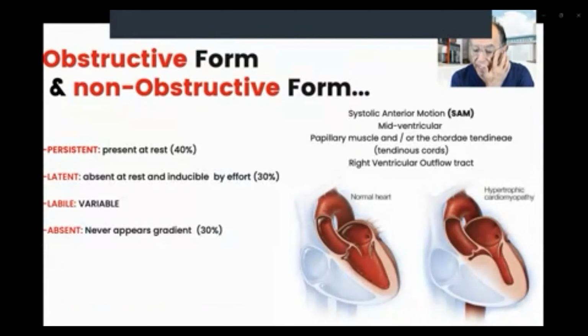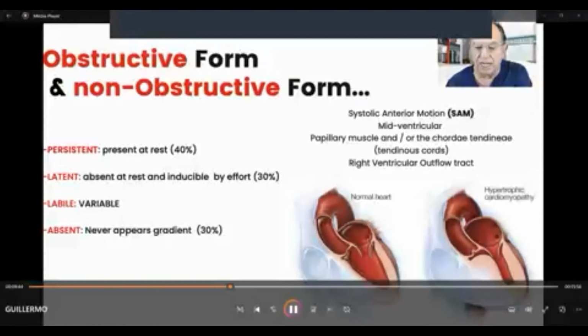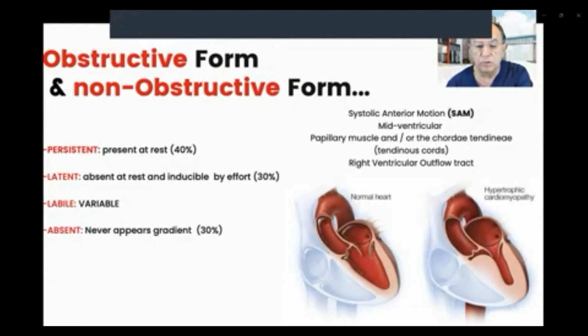With time, right now we understand the patients with hypertrophic myocardiopathy usually have two different forms. The first, the most common form, is patients with obstruction in the outflow tract in the left ventricular segment, the obstructive form, and a group of patients without obstruction, the non-obstructive form of this disease.